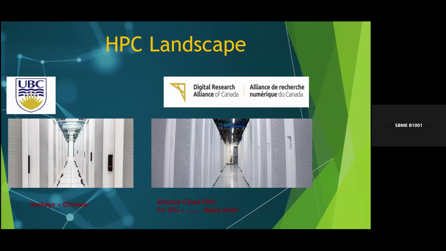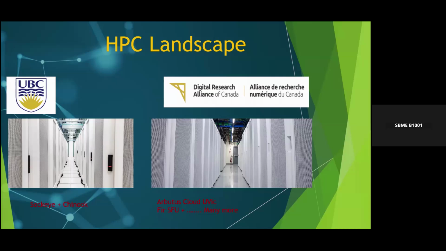and you can basically operate within the cloud universe. In addition to the cloud solution, we have HPC systems, very similar to what we have here at UBC. One is at SFU, which is called Cedar. Right now, there will be a new system which will be called Fir. Then there is SciNet, University of Toronto.